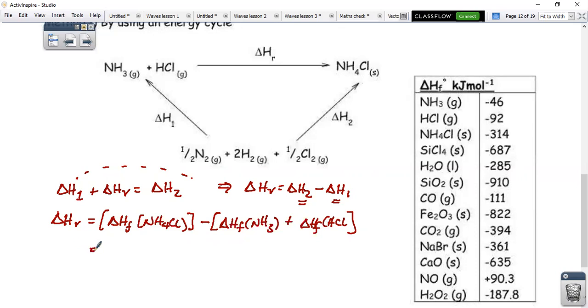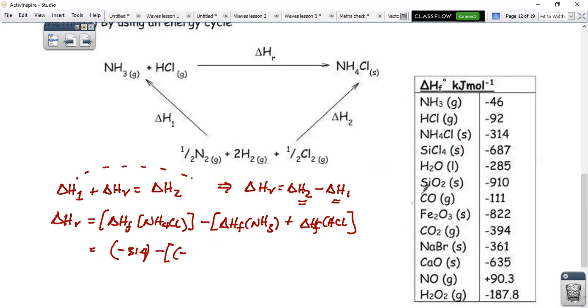Okay, so in we go then. In this case, we can see that we've got one more of each of these things, so we're fine. It's one more of each, because that's what we mean by enthalpy of formation. Right, so plug and play then. We put in minus 314, minus, and we're going to put this in square brackets, because we've got two things here adding.